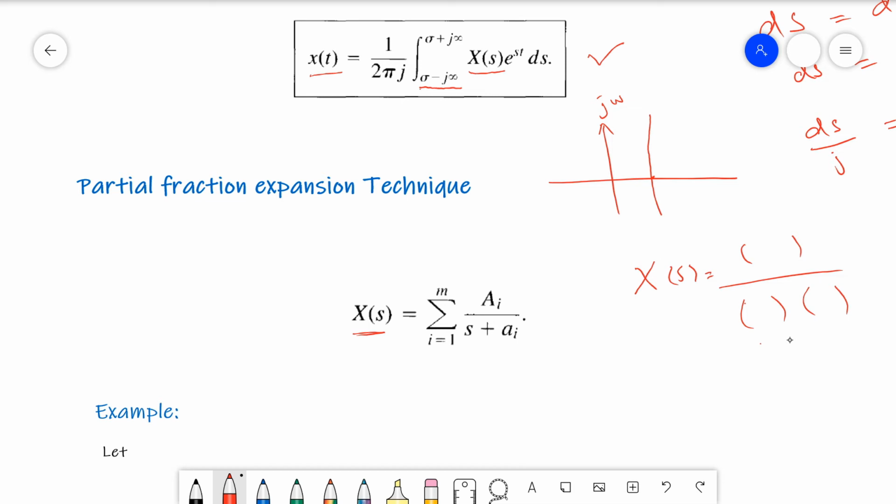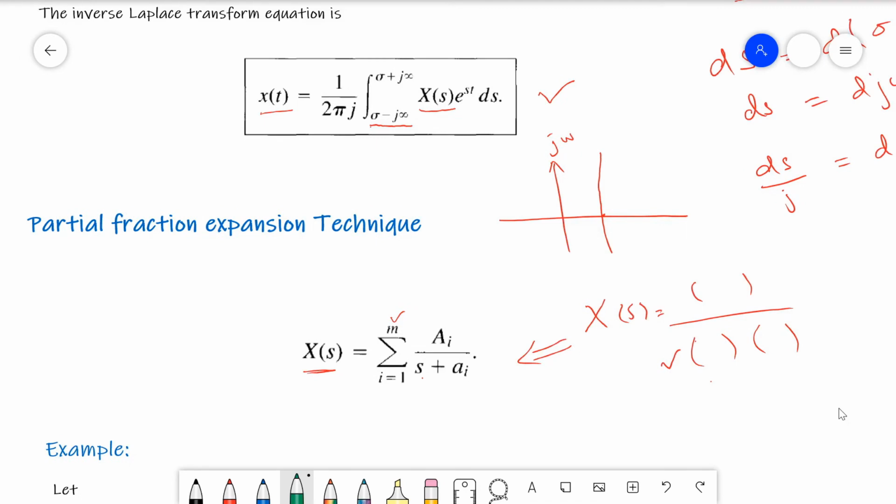Similarly, we have assumed that the number of poles is greater than the number of zeros. Then from the partial fraction expansion we can express this X of s as this expression, where m defines the number of poles and this A i is a constant. We can find the values of this capital A and the other coefficients associated with pole number i by using the partial fraction expansion technique.